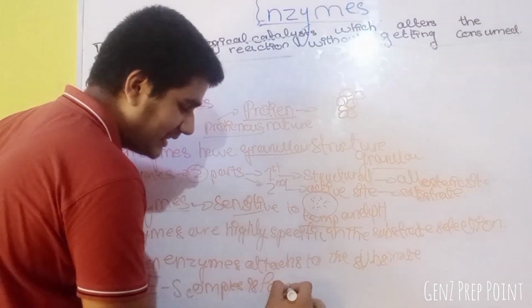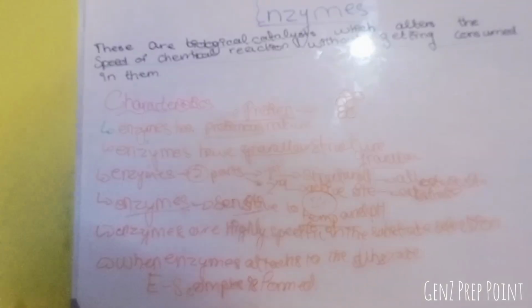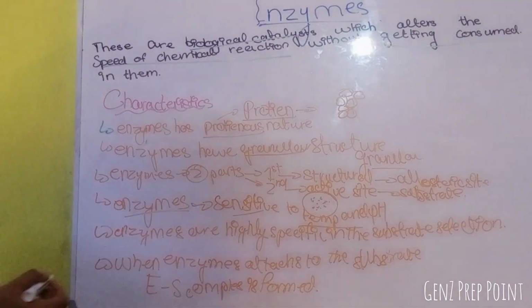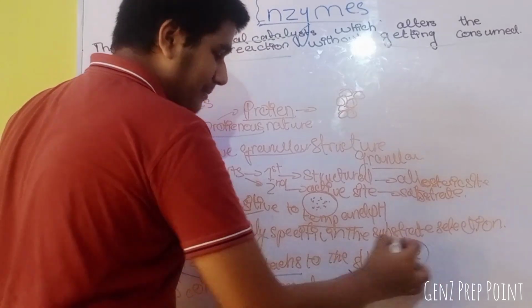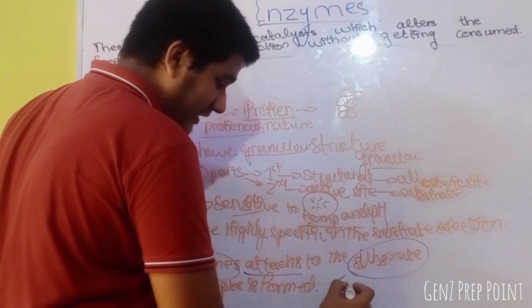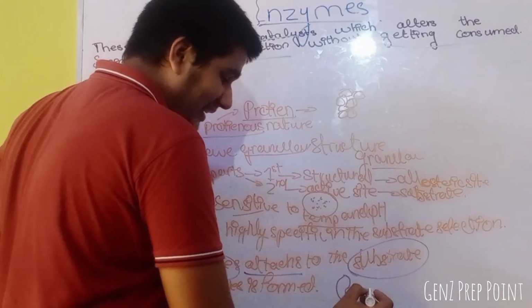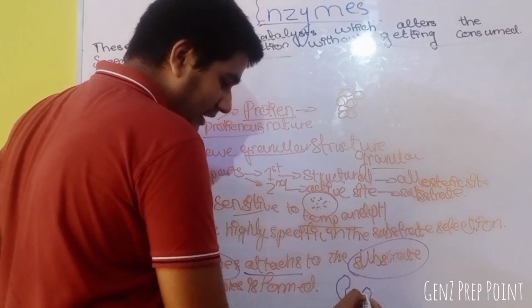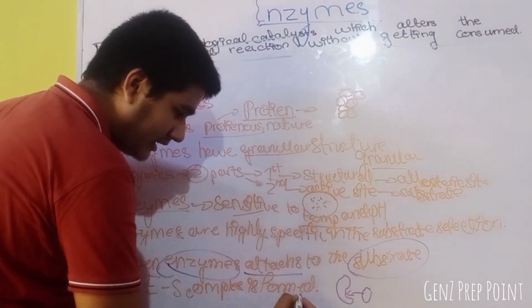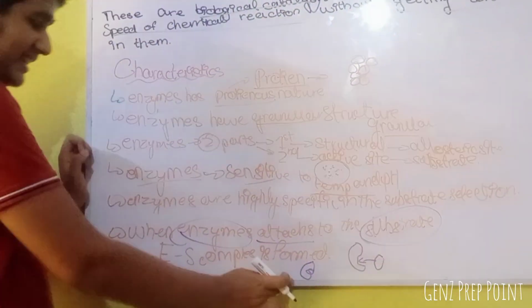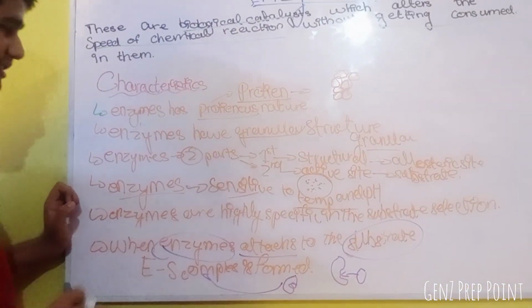What I mean by this is, when the enzyme attaches to the substrate, say this is a protease enzyme, this enzyme attaches to its substrate, protein. When these two come together like this, it is known as the enzyme substrate complex.